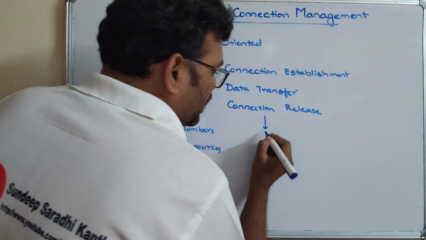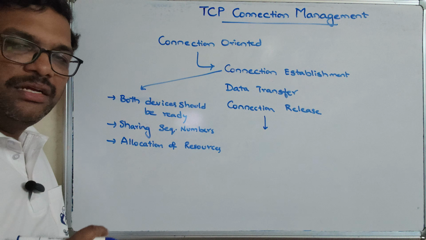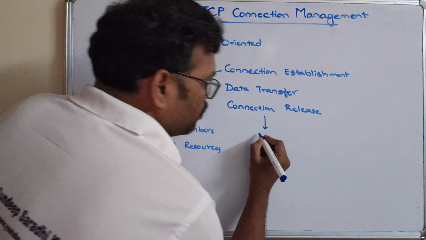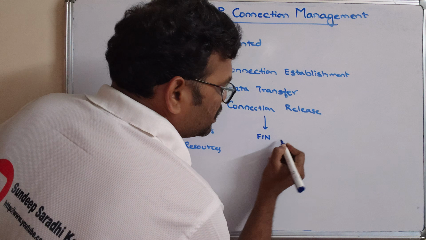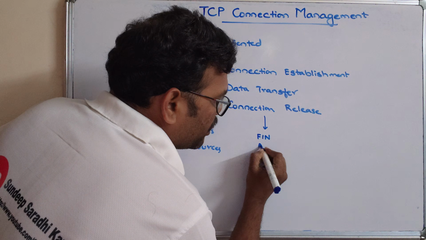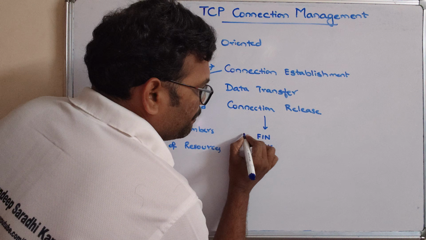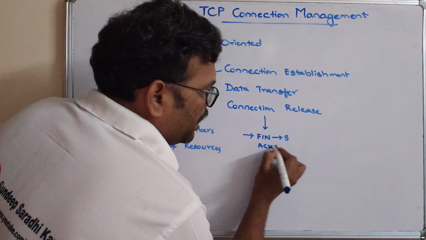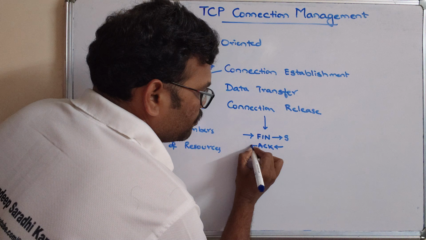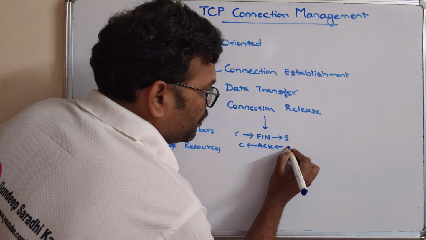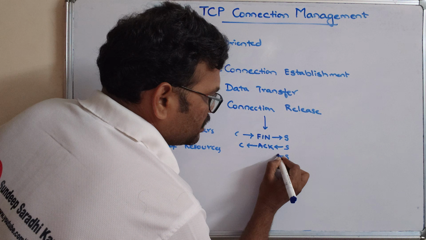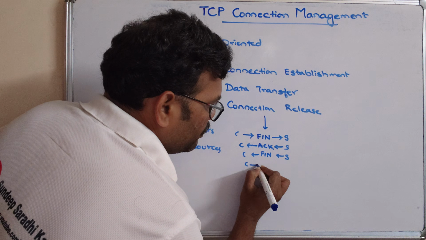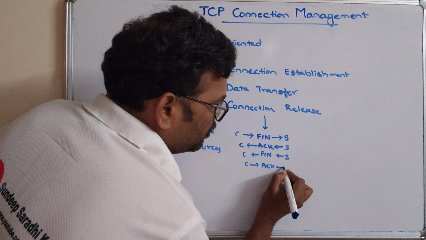And coming to connection release, we have studied that it is a four-way handshake protocol. The client sends the FIN to the server, and the server sends the acknowledgement to the client. Then again the server sends its FIN message to the client, and the client sends an acknowledgement to the server.